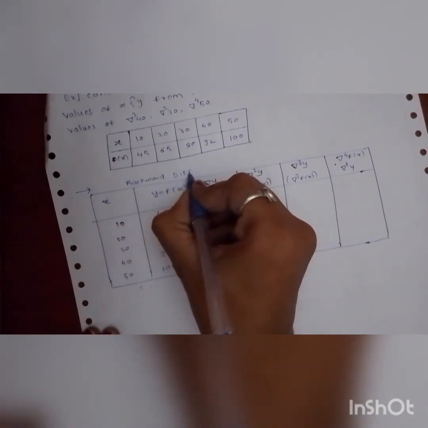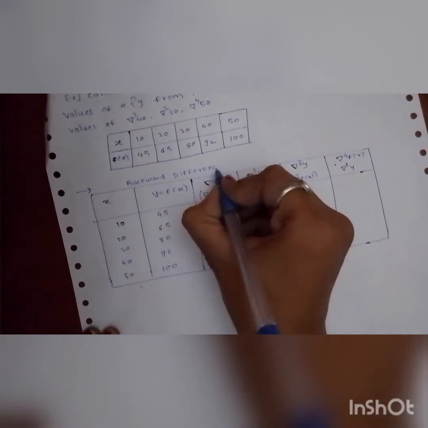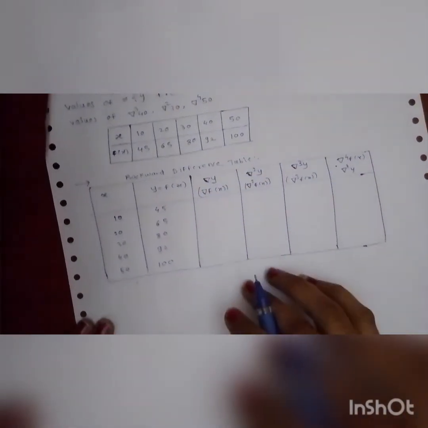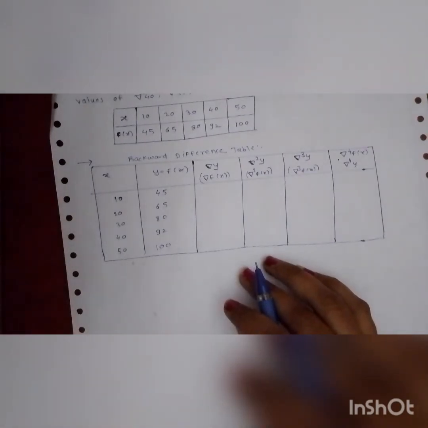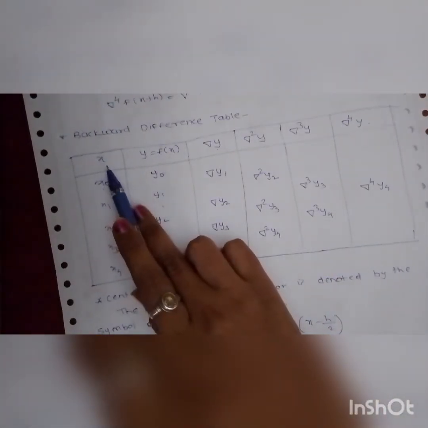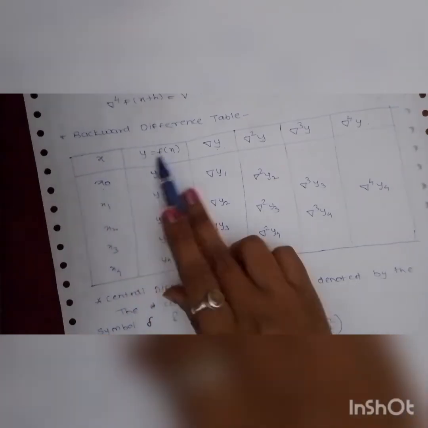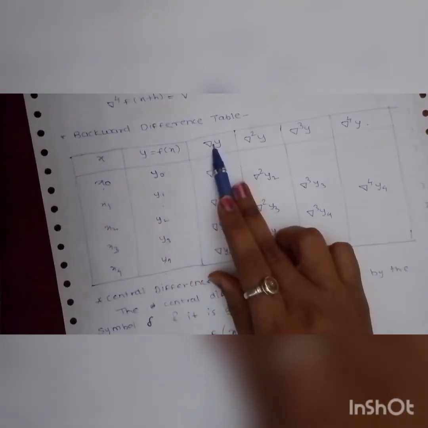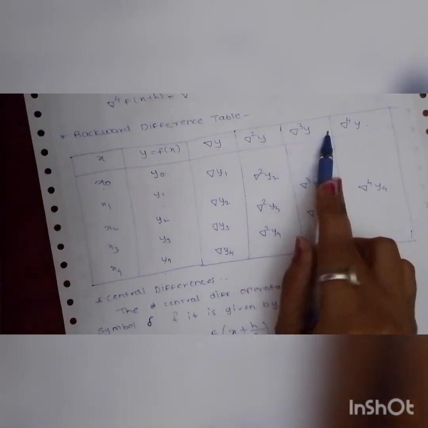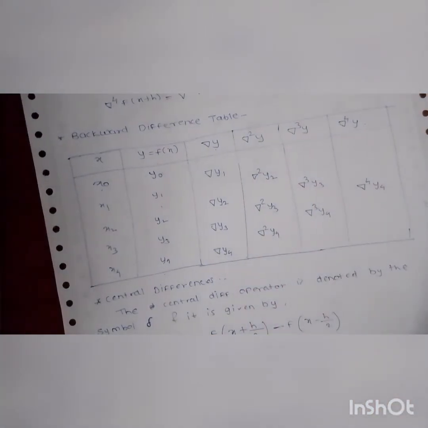So this is the backward difference table. In this table we take the values of x, y which is f of x, del y, del square y, del cube y, del raised to 4 y.